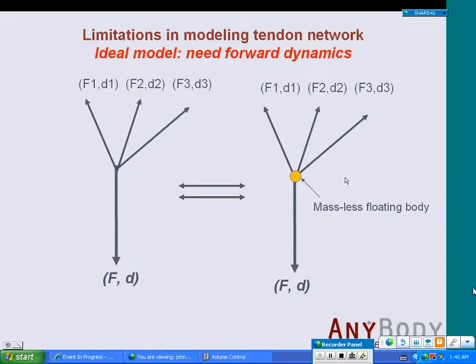However, in AnyBody, the inverse dynamics method cannot do this, because in inverse dynamics, each body has to be specified, defining its locomotion as a function of time. So we don't know when it is in equilibrium, how it is located, where it is located. So we actually need forward dynamics to simulate this tendon network more exactly.